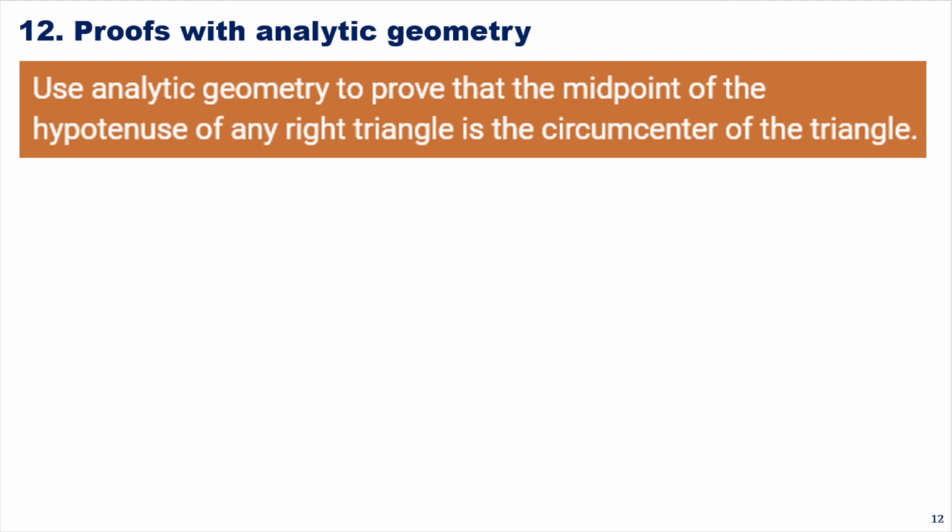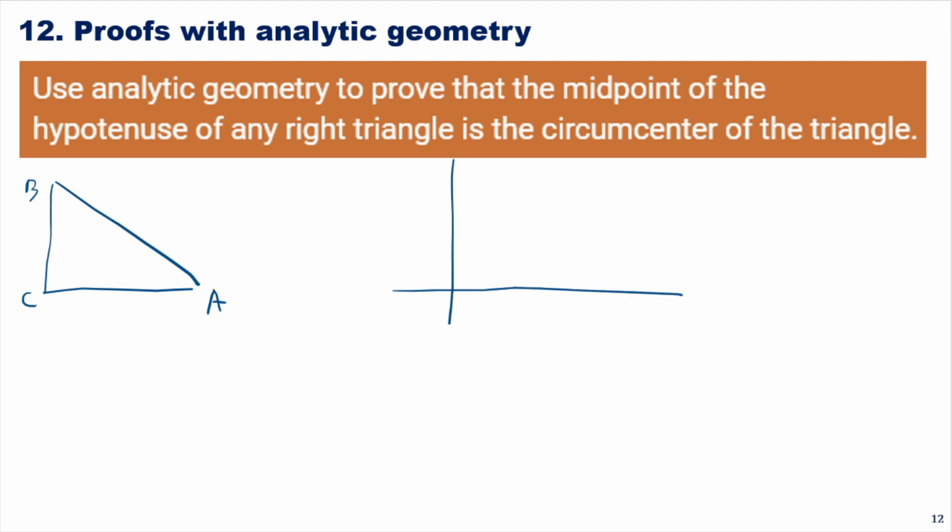So suppose we have a right triangle ABC, and actually we can choose any point to be the origin, right? So we choose the vertex of the right angle to be our origin. For example, we could establish our Cartesian plane like this, with C being the origin point.